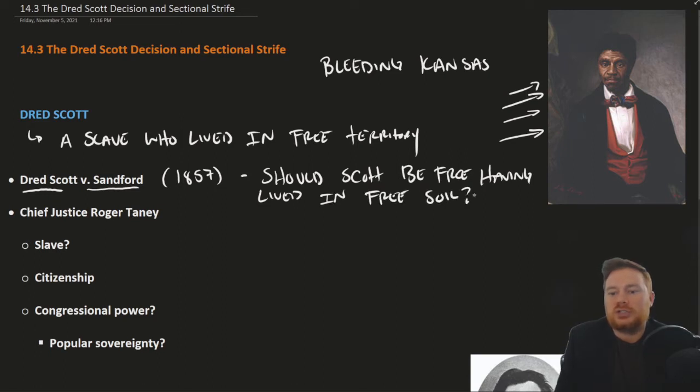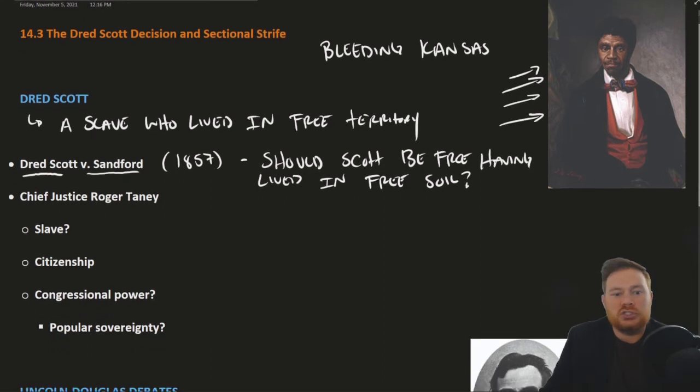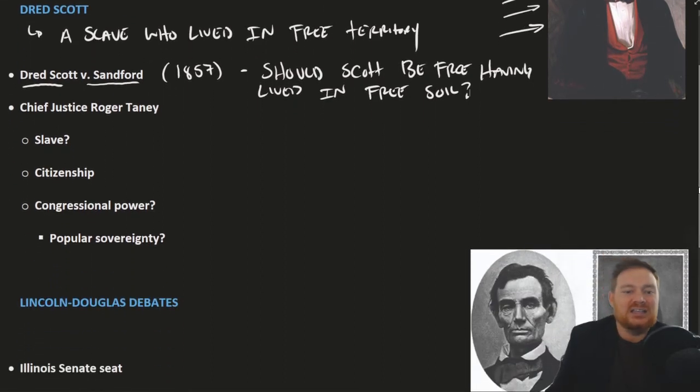The Chief Justice of the Supreme Court was Chief Justice Roger Taney, a Southerner, a former slaveholder, and he came down with the decision. So initially, this question was only about Dred Scott himself. However, the Supreme Court also used this decision to talk more broadly about the status of slavery in the United States, in the Western territories, and just broadly about people of African descent or Black people in the United States.